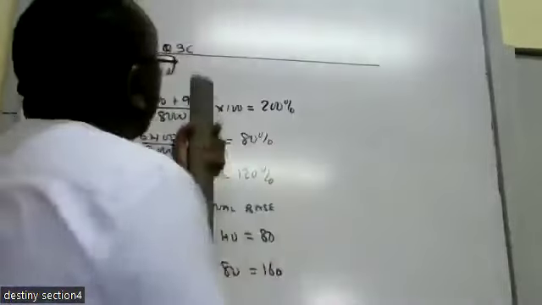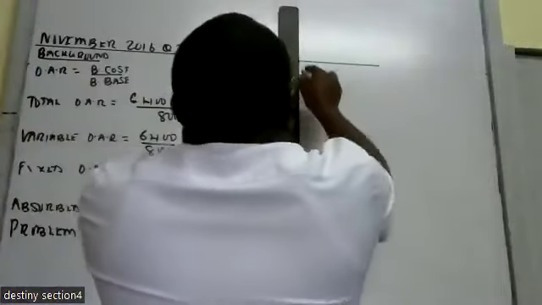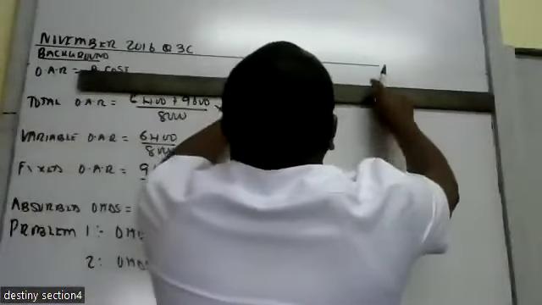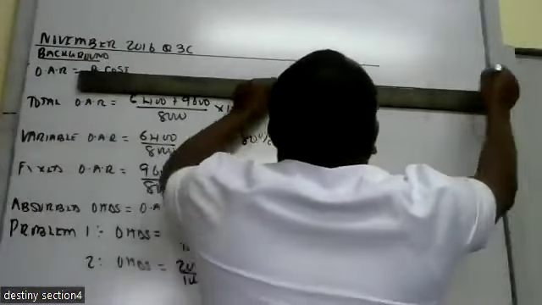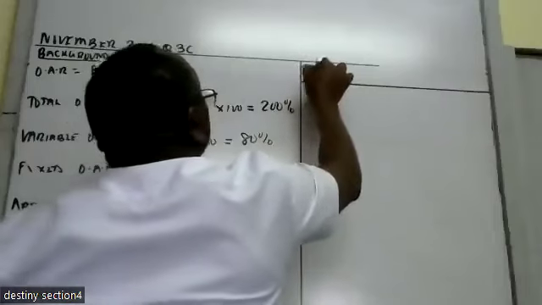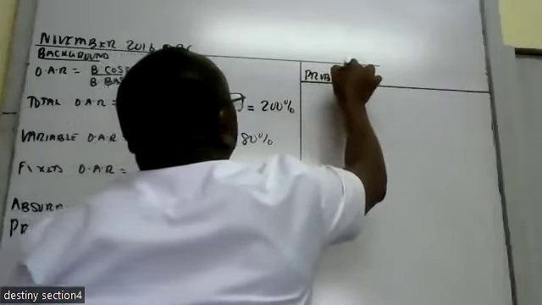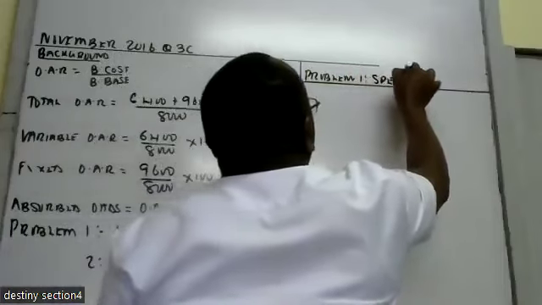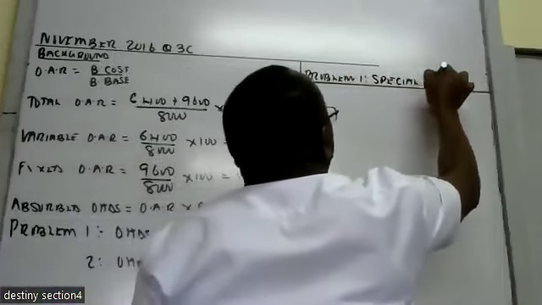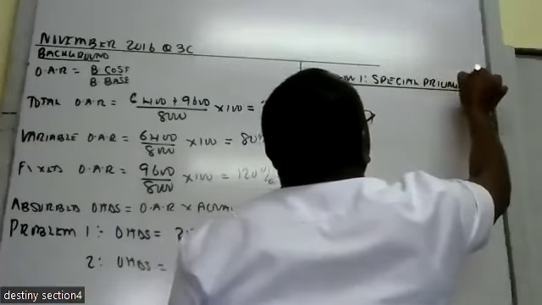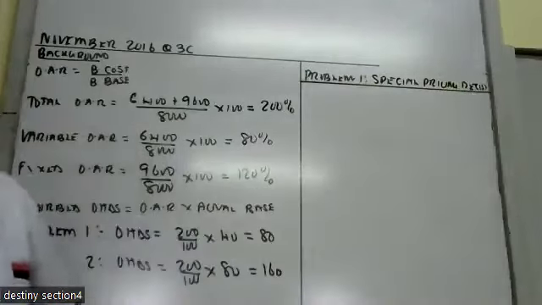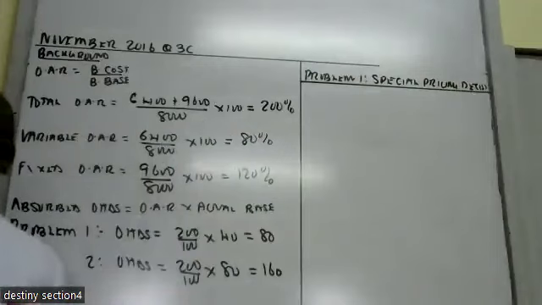So, kuja hapa useme problem 1. It is the case of special pricing decision. Problem 1 is a case of special pricing decision.